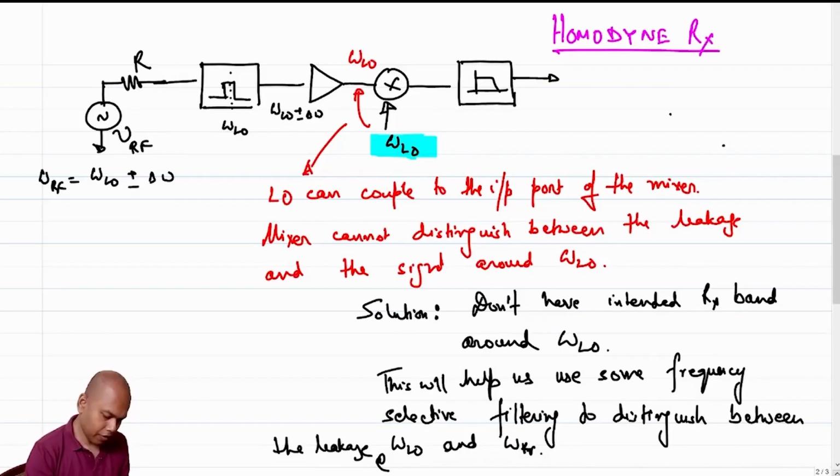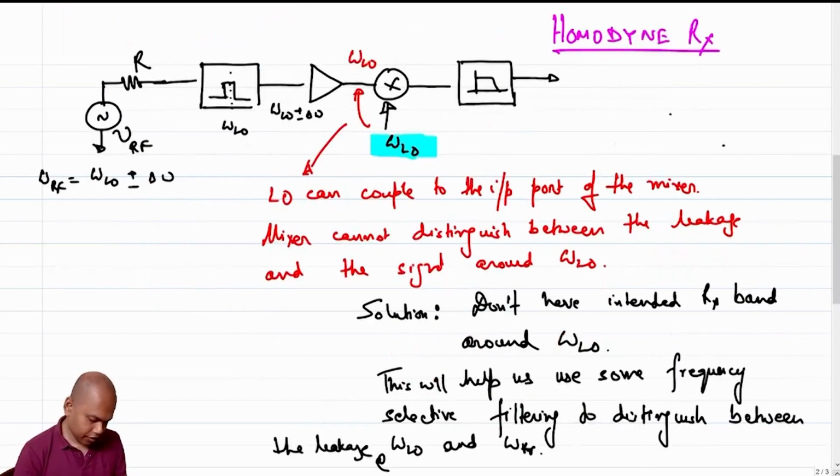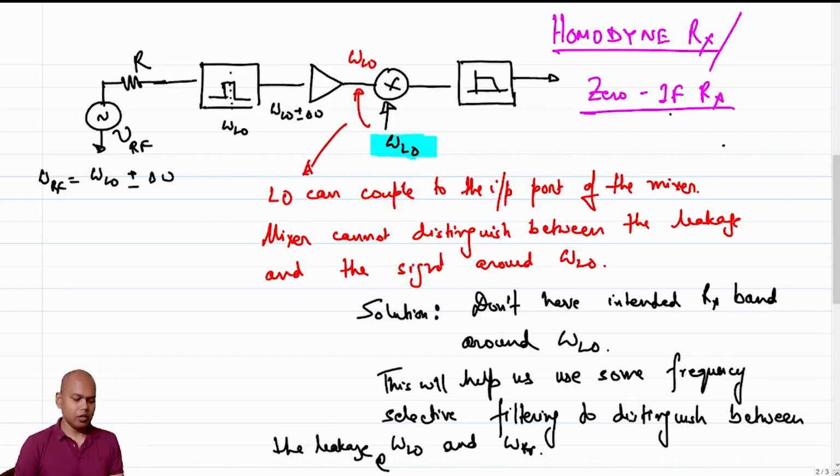Now there are a couple of other terminologies also. People call these receivers in multiple ways. This receiver is often also called a zero IF receiver. Why zero IF?